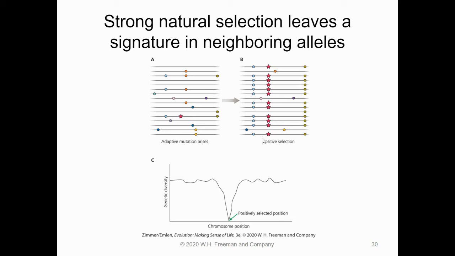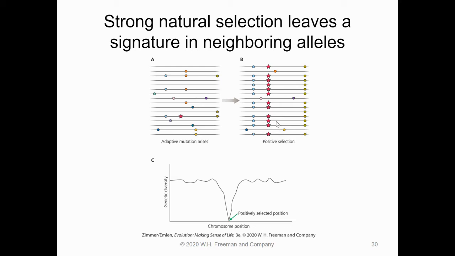Eventually, if two individuals were to have children, there might be a recombination event right there, and then all of a sudden you'd have a star with a dark blue. But there just hasn't been enough time yet for that to happen.